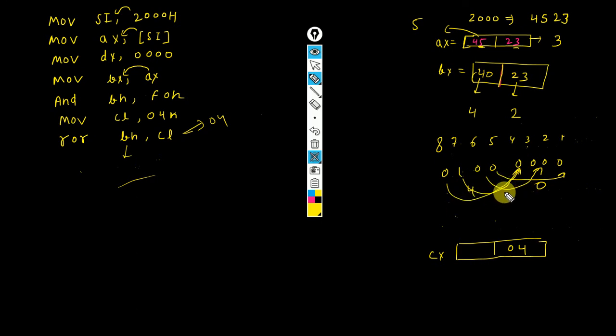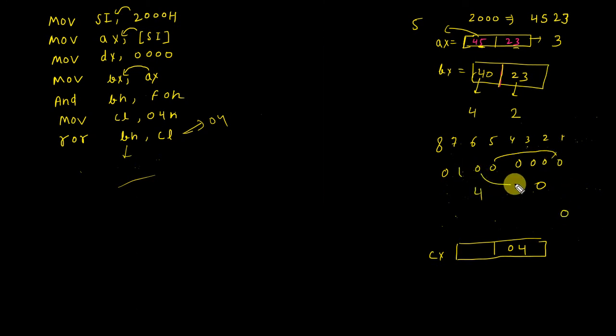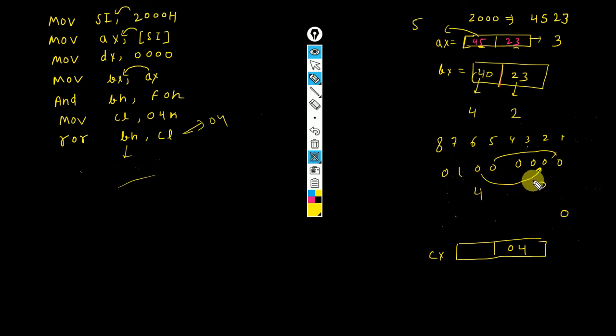So rotate this number. This 0 into this location means 0, this 1 into this location, this 0 into this location, so this is 0, and this 0 into this location means this is 1, and this 0 into this location means 0.